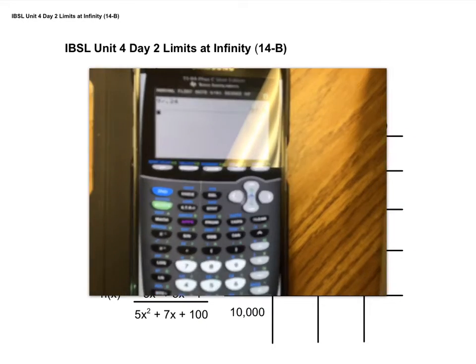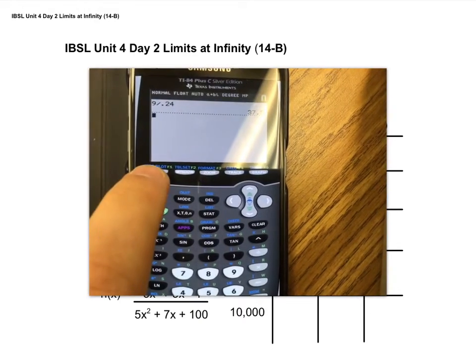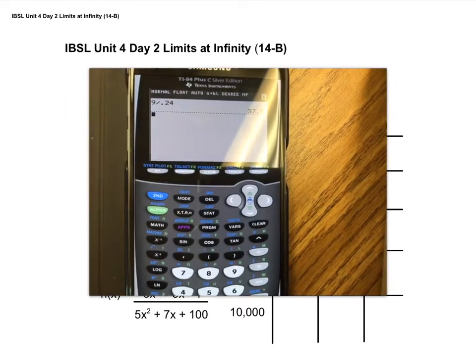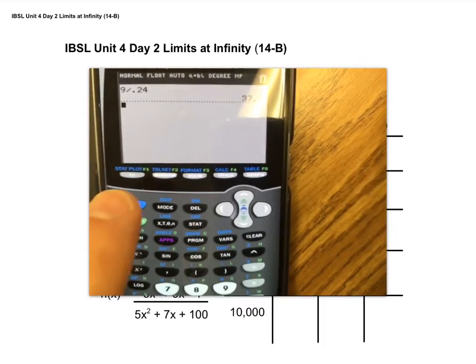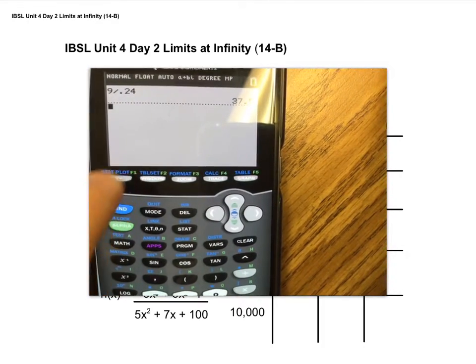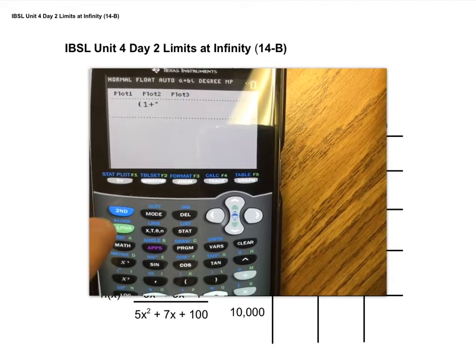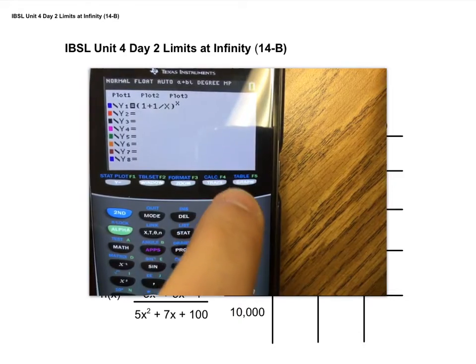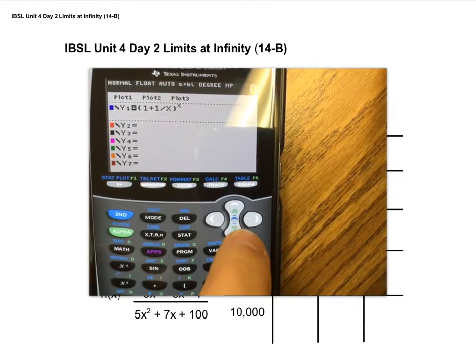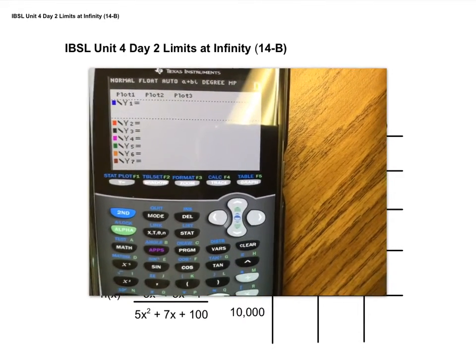So on our calculators, I want to teach you a kind of an easy way to evaluate functions on your calculator as we're doing this, okay? So if you go to your y equals, we're going to punch in that first function into our calculator.